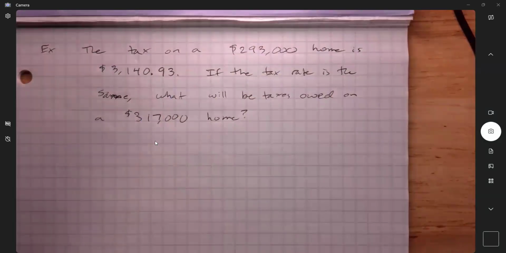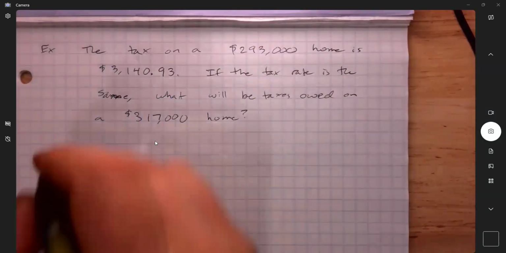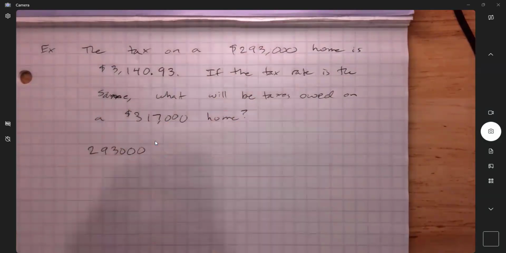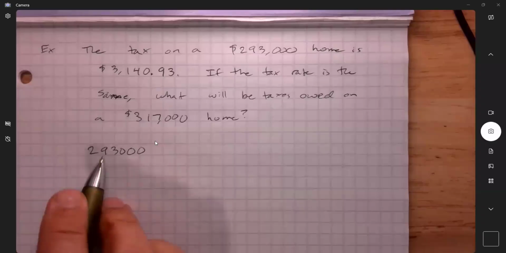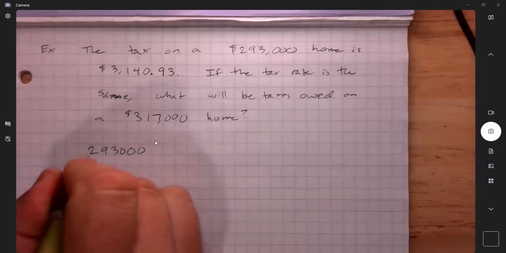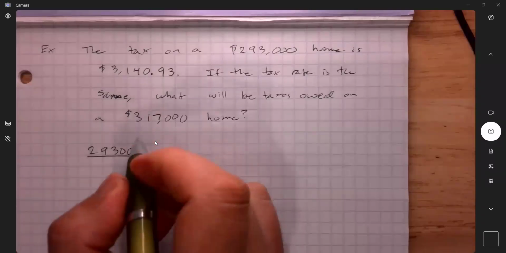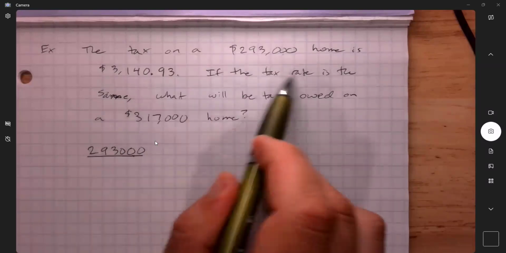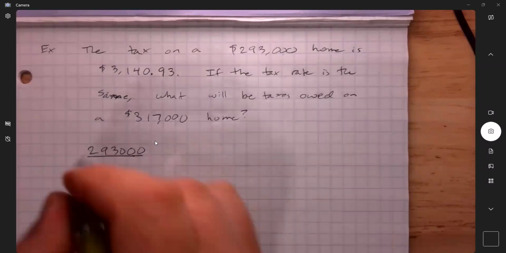I'm going to set this up two ways. Both ways are mathematically correct, but one way is going to be easier than the other. So I might start by writing down the first number I see, 293,000, and it's a proportion, because a tax rate is like a proportion.